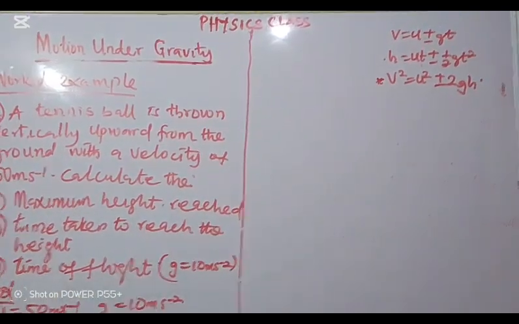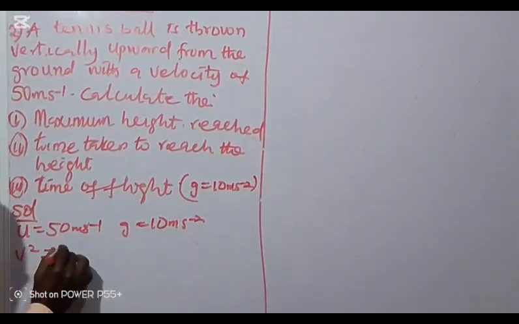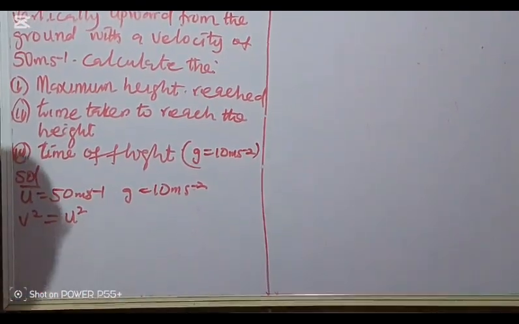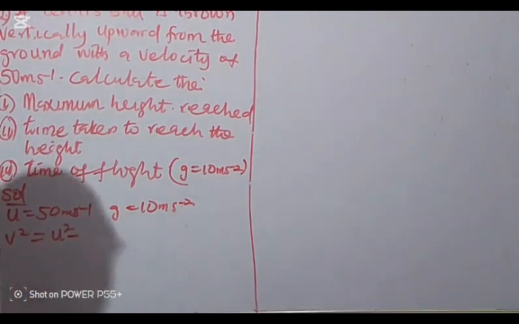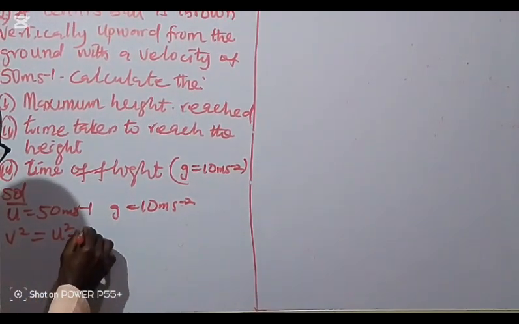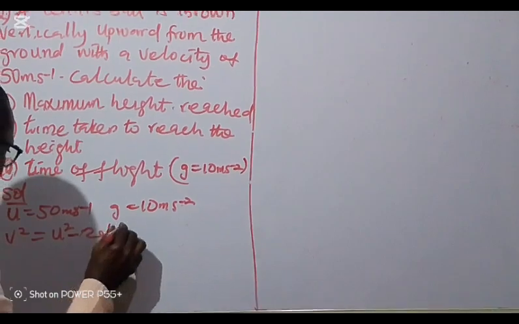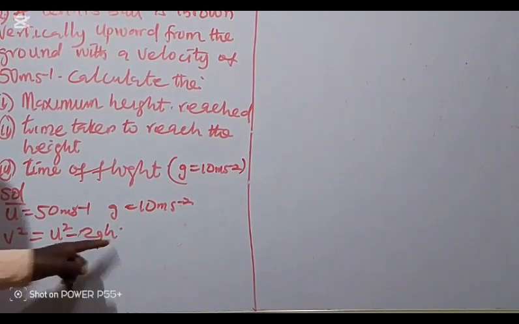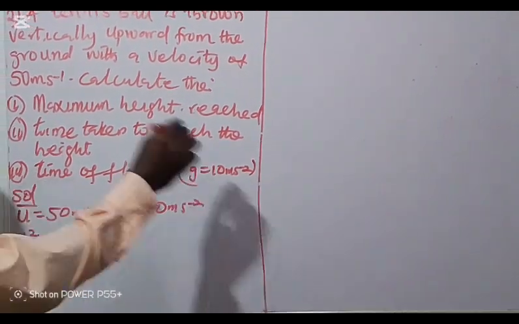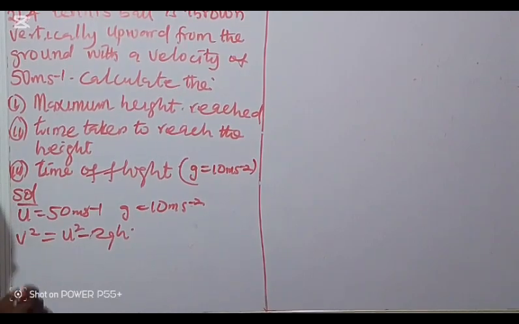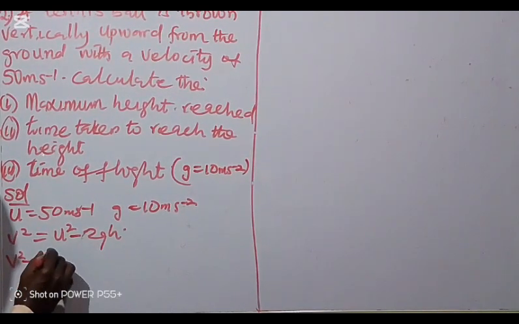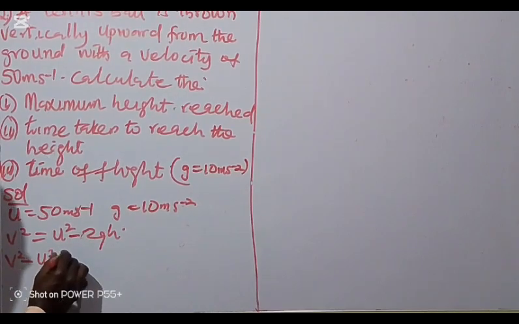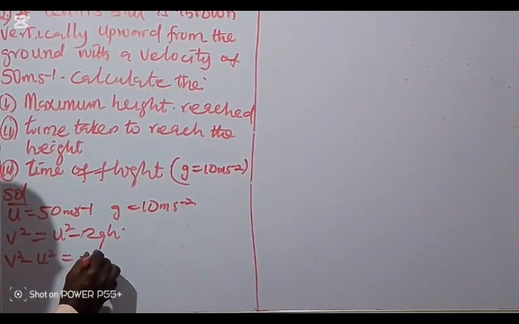So, apply v squared is equal to u squared, and since this object is going up, we stick to the negative sign, minus 2gh. What do we need? h. So make h the subject of the formula. Then we are going to have v squared minus u squared is equal to minus 2gh.